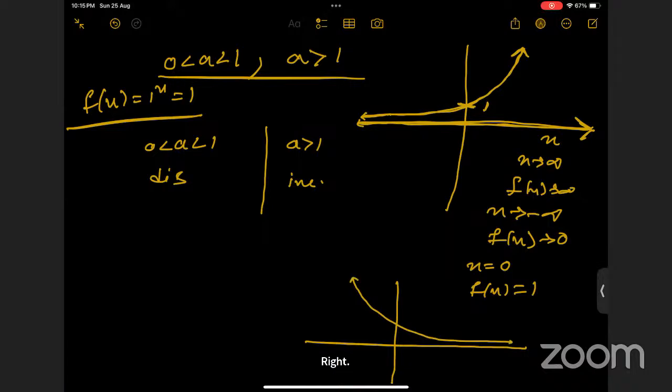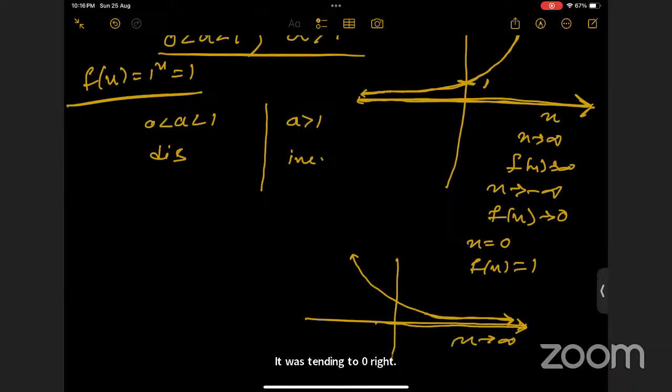Yes, ma'am. So when x was in the increasing direction, when x was tending to infinity, it was tending to 0, right? So what we can do, if a is less than 1, greater than 0, that means a equals 1 by b, where b is greater than 1, right?